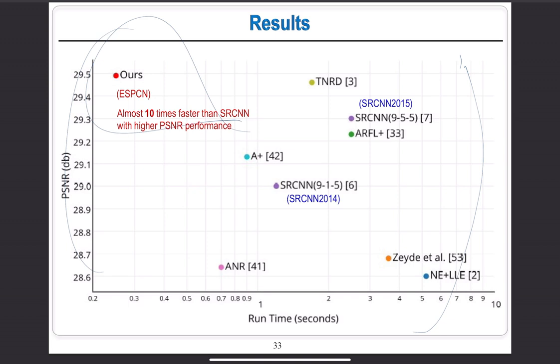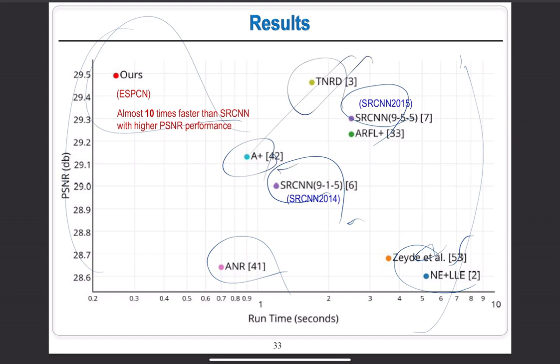This slide compares SRCNN from 2014 and 2015 with ESPCN. ESPCN outperforms both versions of SRCNN and ANR and other previous works.